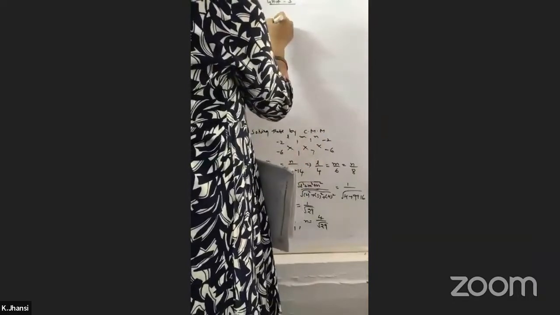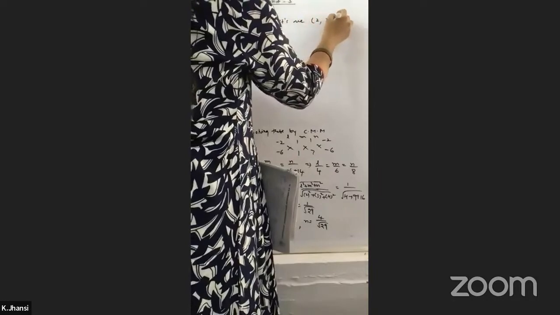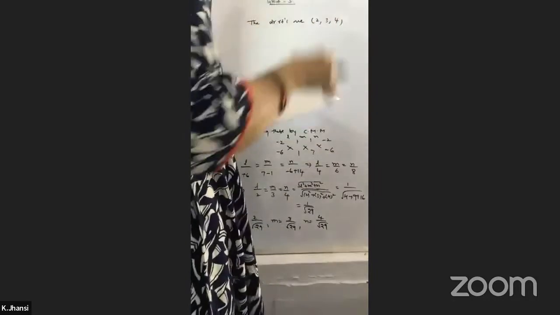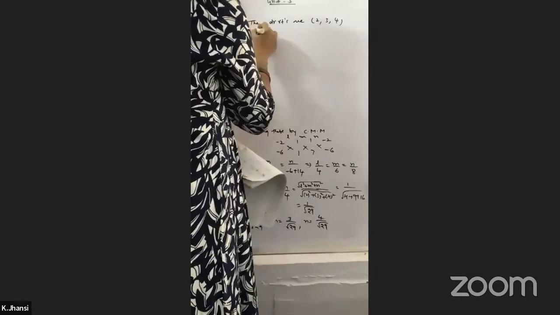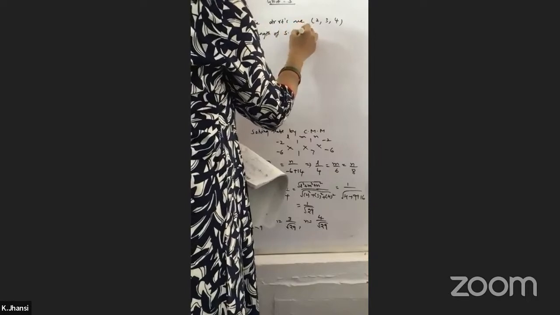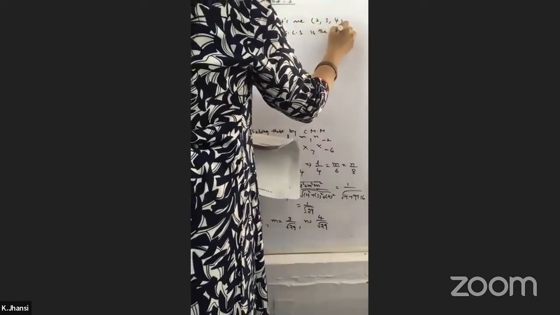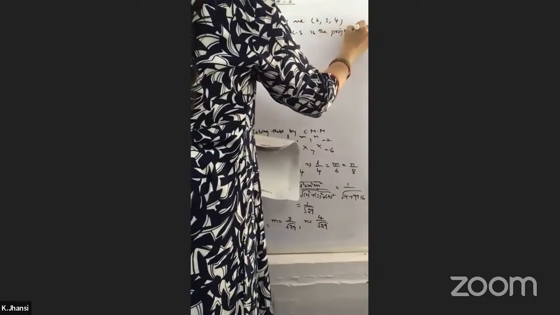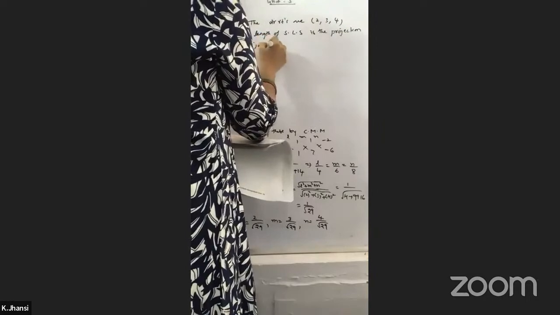The direction ratios are 2, 3, 4. Now the length of the shortest line segment is the projection of the join of points.